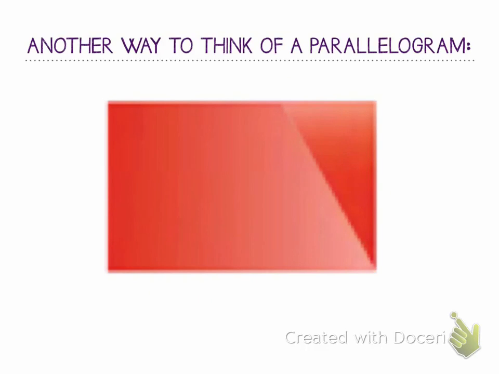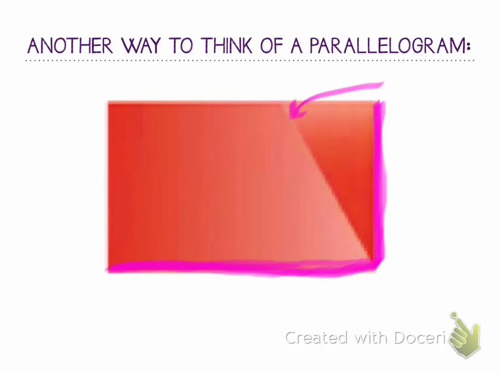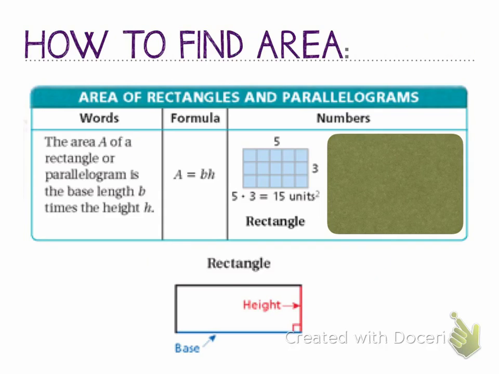You could do this with paper if you really wanted to. When you move it over and push it back together, you can see that this actually creates a rectangle, just like what we're dealing with. This is why rectangles and parallelograms have the same formula. I know it's something a lot of us just memorize and don't really understand why, but this is a good visual example of why that makes sense.